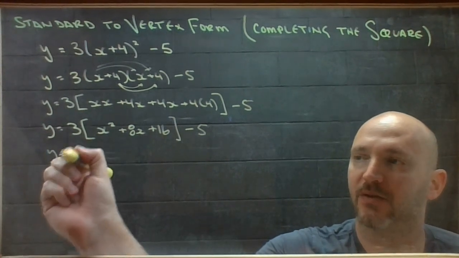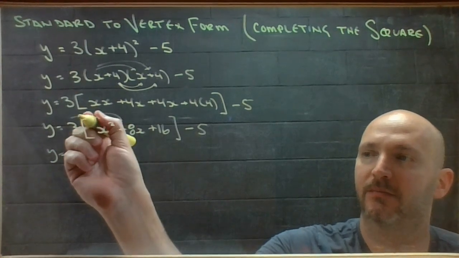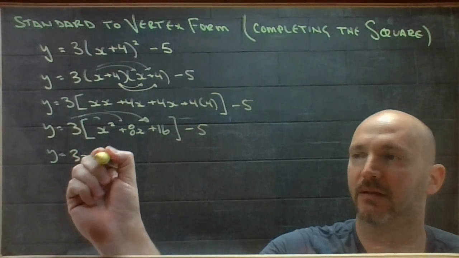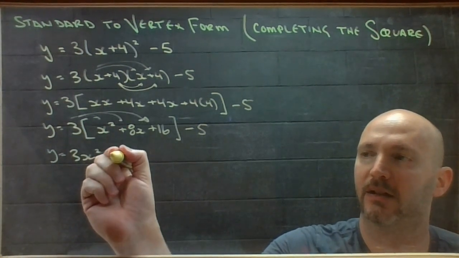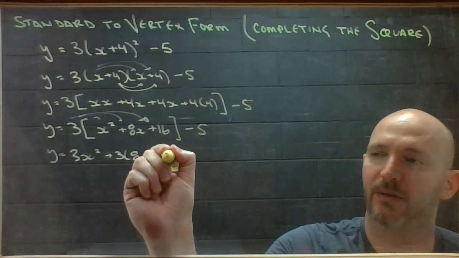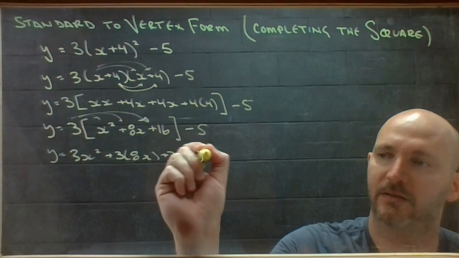I'm going to have to distribute my 3. That's 3 x's. 3 times 8x. 3 multiplied by 16. Subtract 5.